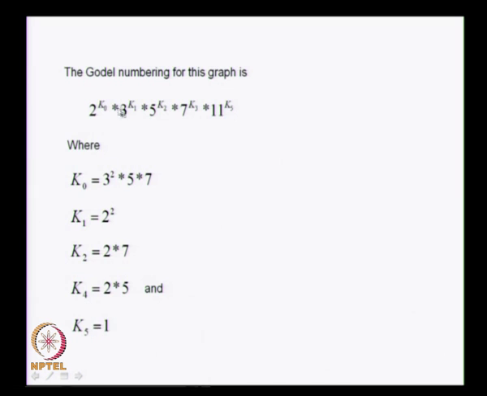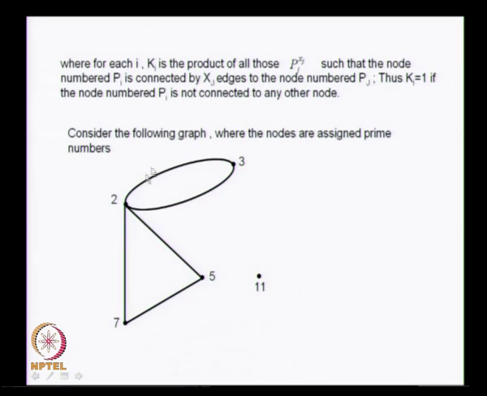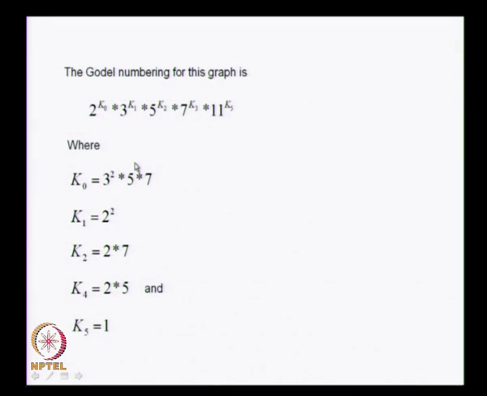So, the Gödel number of this graph is given by this number, and if you have assigned different numbers for this, suppose I call this as 2 or call this as 5, then the Gödel number will be different. From the Gödel number of a graph we can get back the graph, but for one graph if we renumber the nodes we may get a different Gödel numbering.